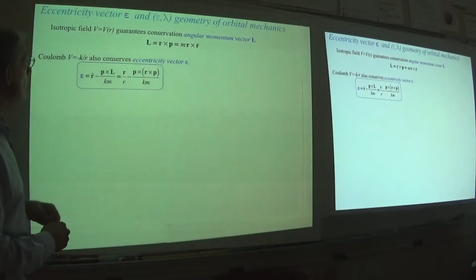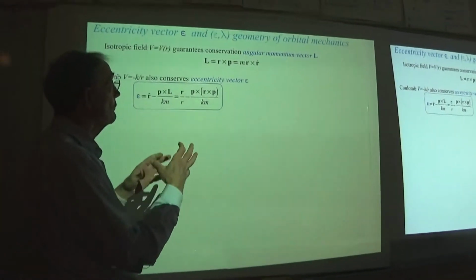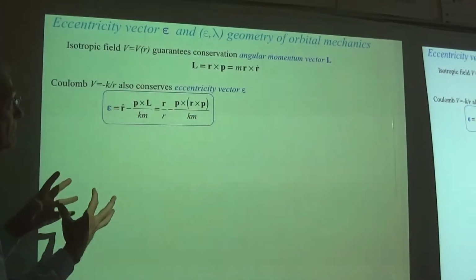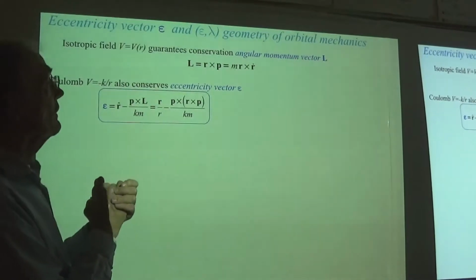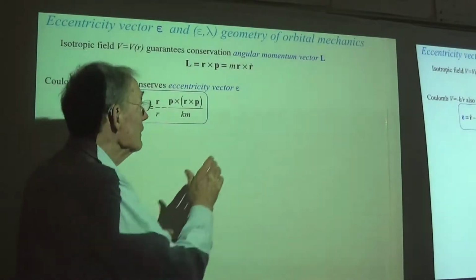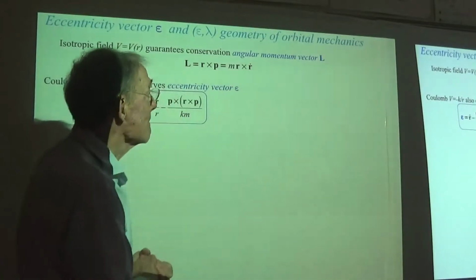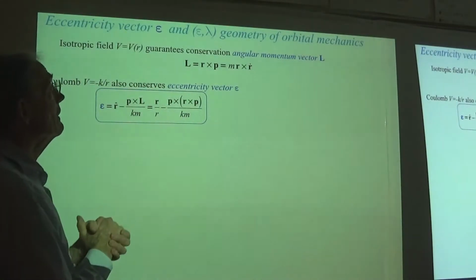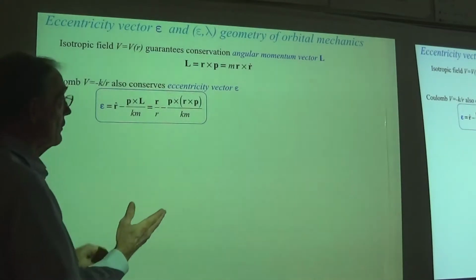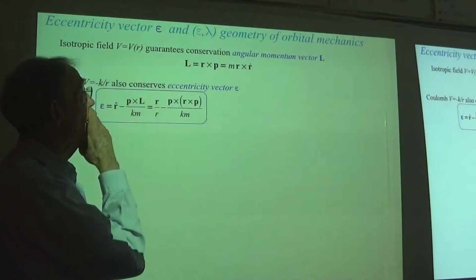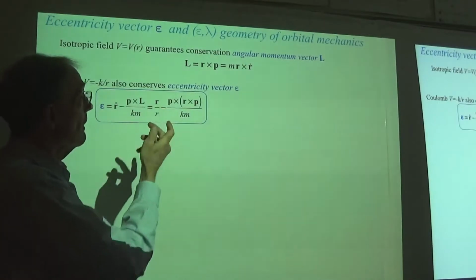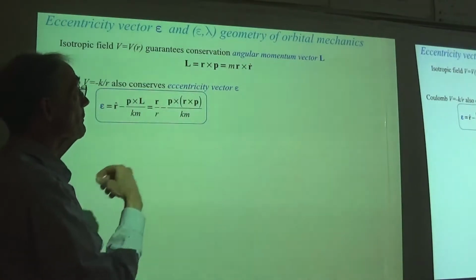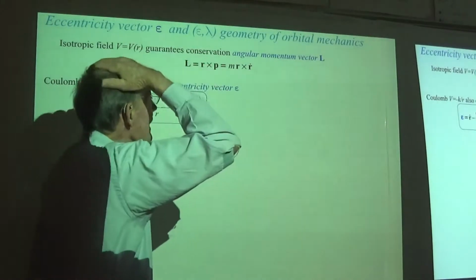In any case, one of the things that's true for any isotropic potential is that it will conserve angular momentum. And I'm now using the letter L, big fat L, it's a vector, for the r cross p angular momentum, m r cross r dot.